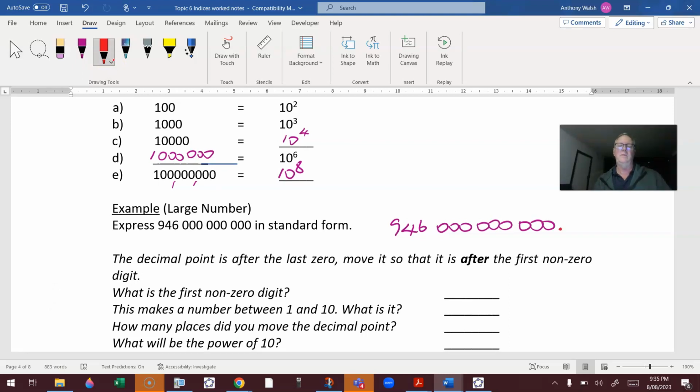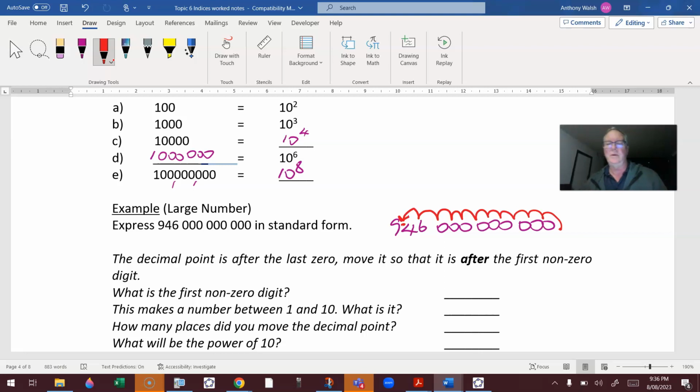Now the idea is that we move the decimal place so it is after the first non-zero digit. So here's the decimal place. I'm going to move it after the 9, because the 9 is the first non-zero digit in this number. So 1, 2, 3, 4, 5, 6, 7, 8, 9, 10, 11.